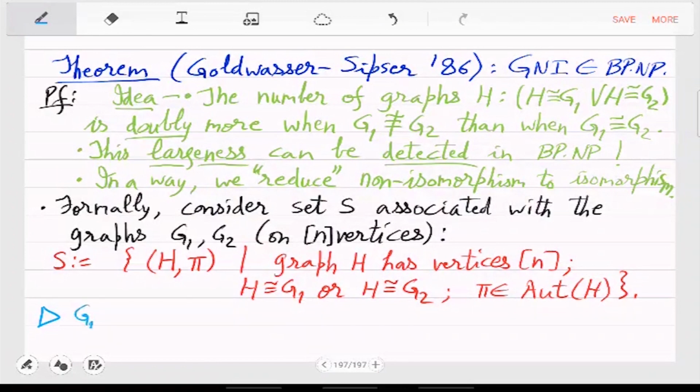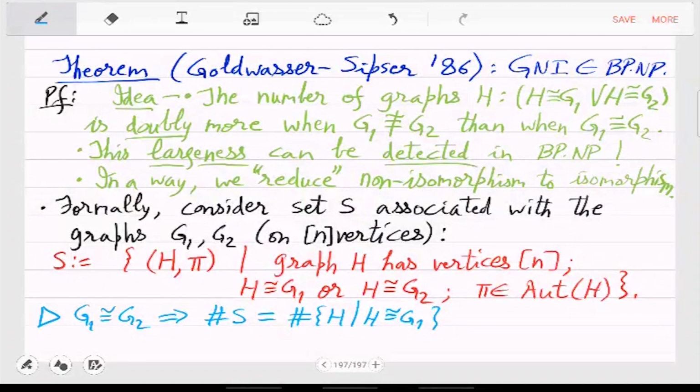So if G1 and G2 are isomorphic, then the number of H, pi pairs is the number of H such that H is isomorphic to G1. If H is isomorphic to G1, it's also isomorphic to G2, and there is no other H possible.